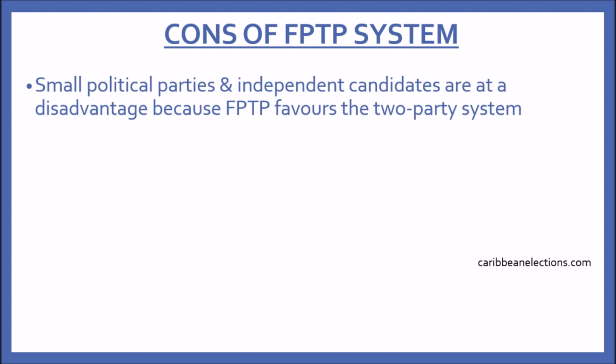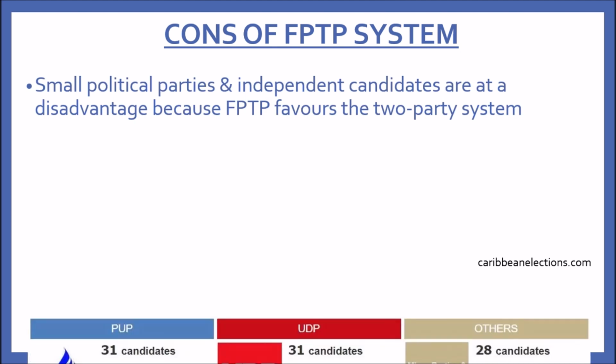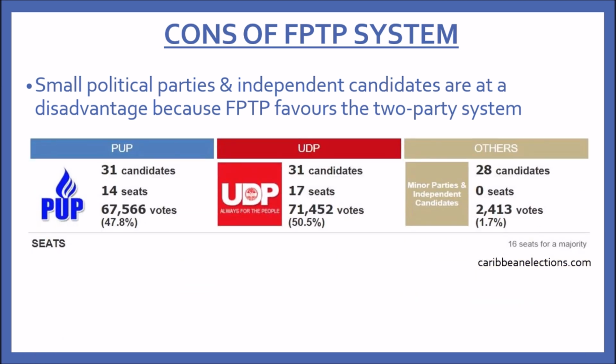Continuing with cons. Another one is that small political parties and independent candidates are at a disadvantage because the first past the post system favors a two-party system. So it's illustrated here with the elections in Belize in 2017, where we have two parties, the PUP and the UDP, and we also have others.